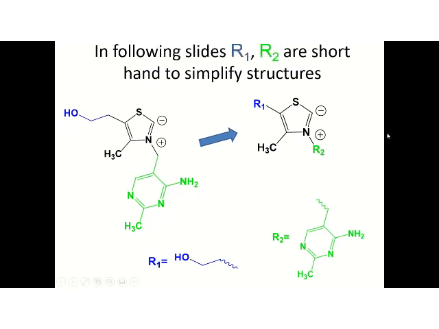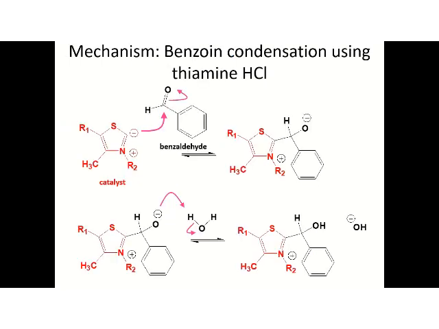We're going to have two charges, as we mentioned before, the negative charge on the carbon and the positive charge on the nitrogen. The negative charge is going to attack the carbonyl of benzaldehyde and incorporate the benzaldehyde molecule into the skeleton of the molecule. That way we are going to be forming this species over here that still has the positive charge on the nitrogen, and the negative charge is going to be transferred onto the oxygen.